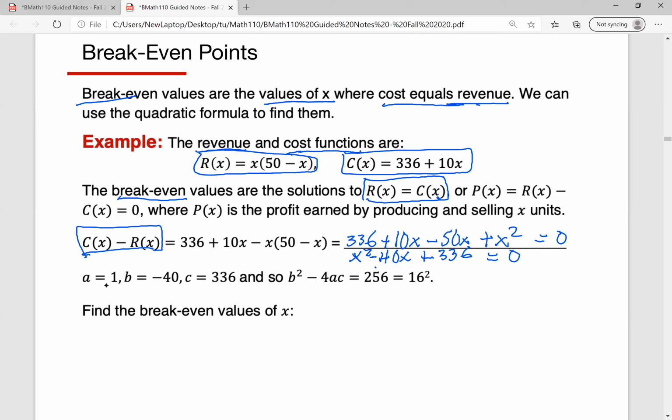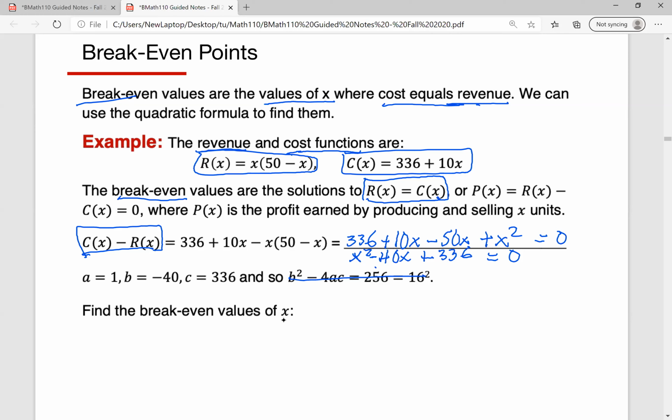So here I have a equal to 1, b equal to negative 40, c equal to 336, and so b squared minus 4ac. I know that if you are confused at this step, I don't want you to look at that.